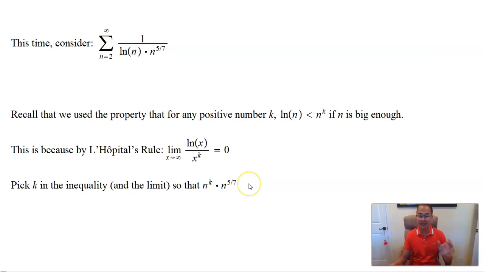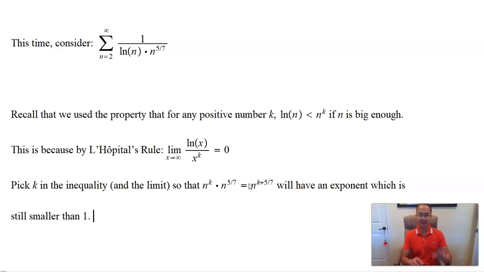So we're replacing essentially ln of n with n to the k, which is n to the k plus 5 over 7. We'll have an exponent which is still smaller than 1. 5 over 7 is smaller than 1, so we want to add just a smidge to 5 over 7 so that it stays smaller than 1.